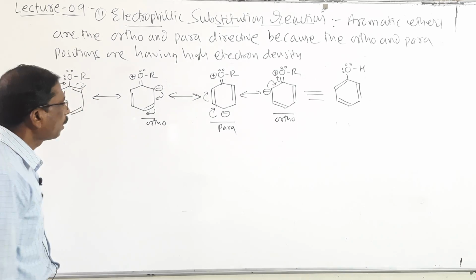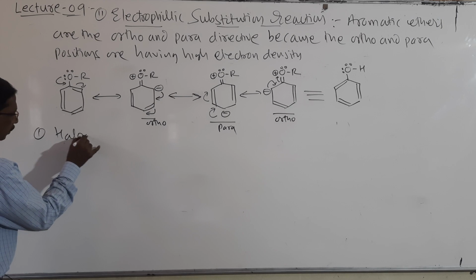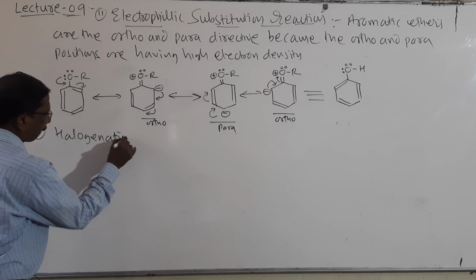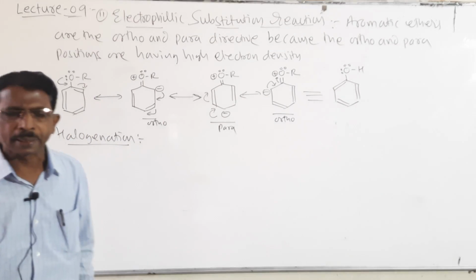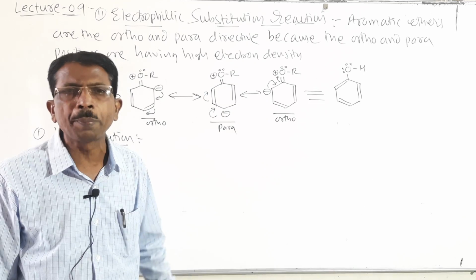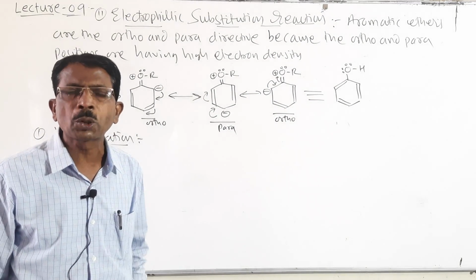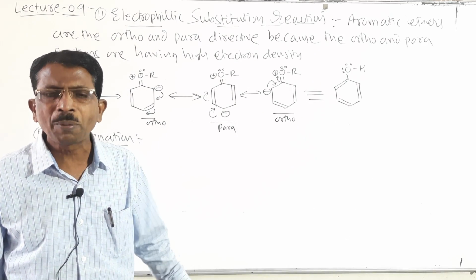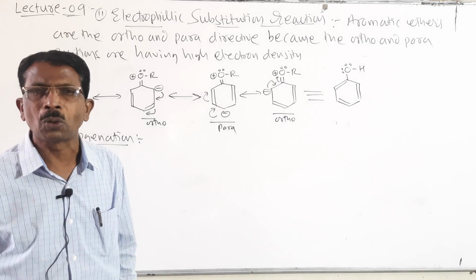So here the first reaction, I will show students, halogenation. What happens in halogenation? When anisole is treated with bromine in presence of ethanoic acid, it forms ortho-bromoanisole and para-bromoanisole.